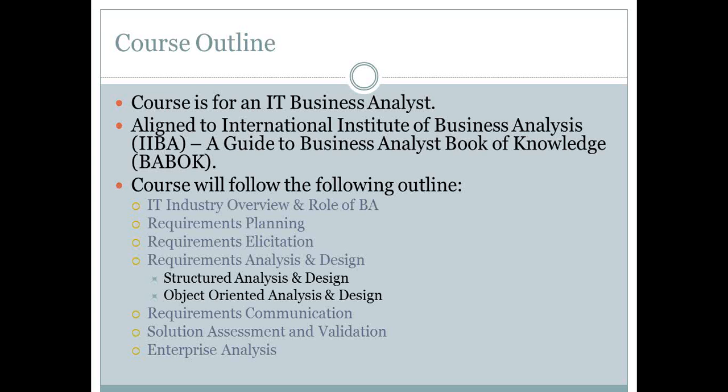The course is specifically for an IT business analyst, because the terms analyst and business analyst have various connotations in various industries. So we are talking about a business analyst who is working on an IT project, and what the role of a business analyst is in a typical IT project. That's the scope of this course.